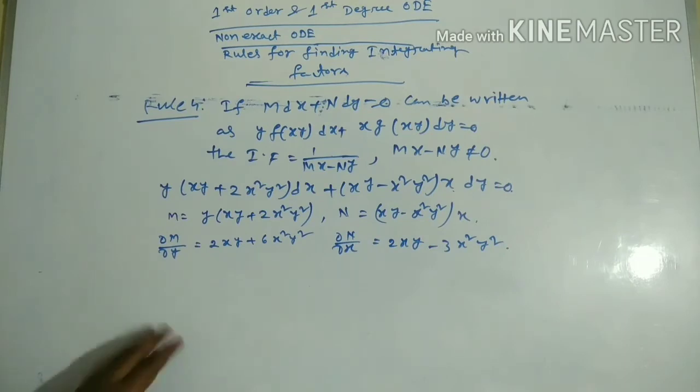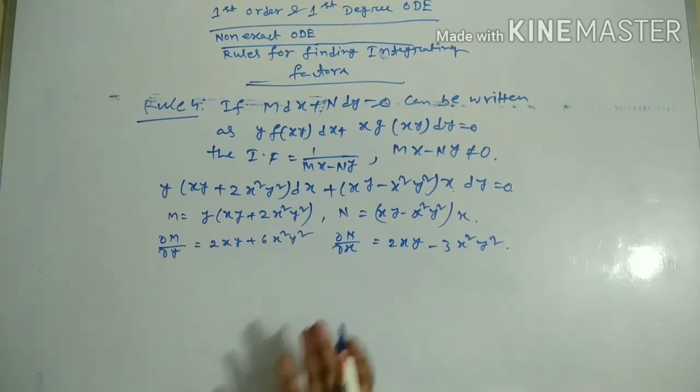How to do partial differentiation, you have already learned previously. Okay, so I am not going into details of how to differentiate partially. From the first of this chapter, first order first degree ODE, I am doing this, but I have not told you how to differentiate partially, because it is not a part of this chapter.